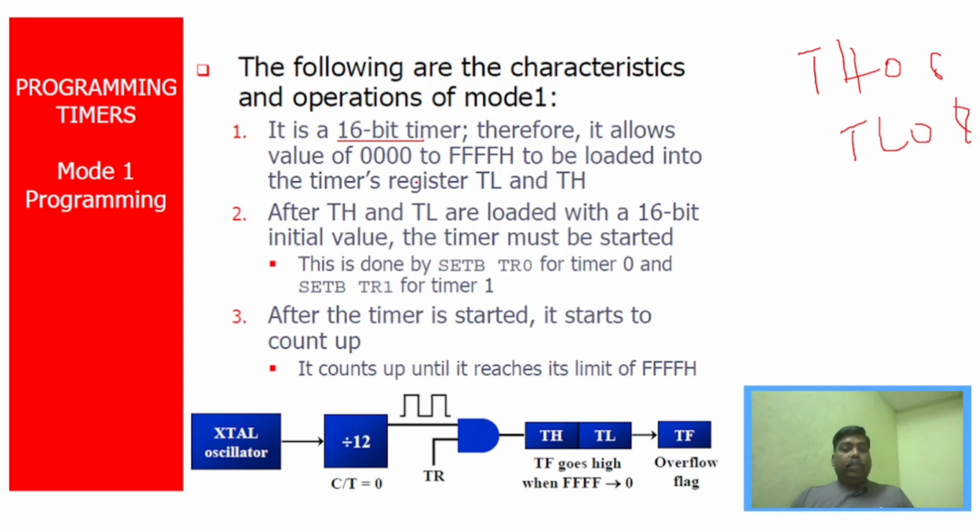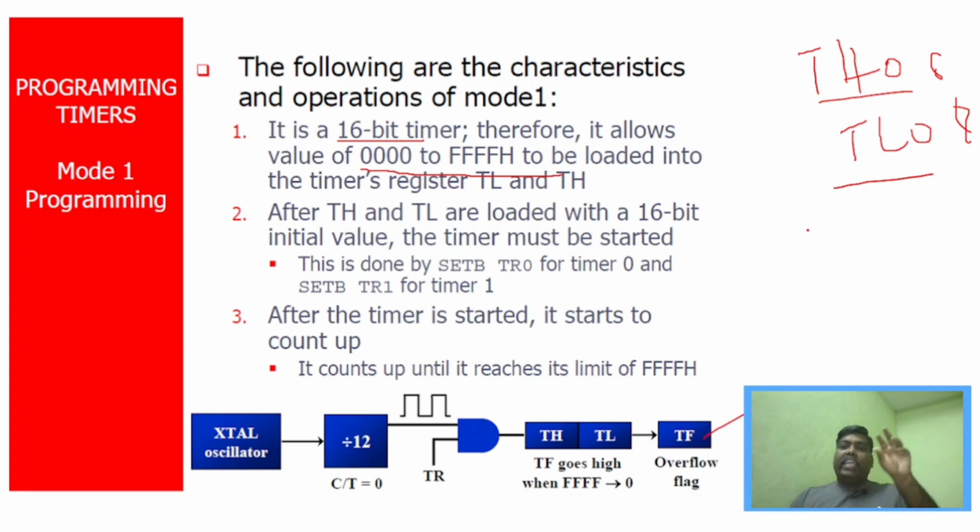We know that it allows values from 0000 to FFFFH, and this value is loaded in the TH and TL registers. Whenever the TL and TH registers overflow, it will enable the TF flag, which I already said.